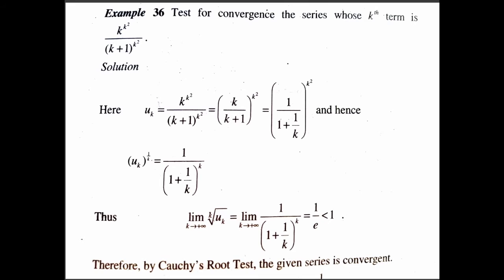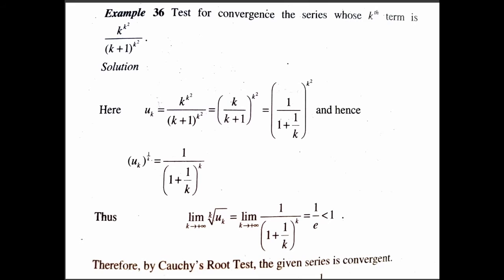That can be written as, when dividing the numerator and denominator with k, 1 by 1 plus 1 by k the whole raised to k square, and hence uk the whole raised to 1 by k equal to 1 by 1 plus 1 by k the whole raised to k.